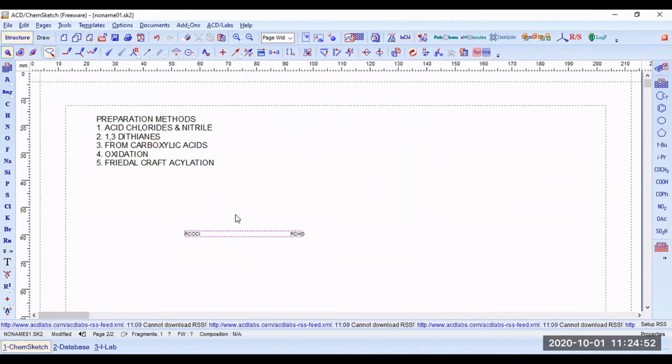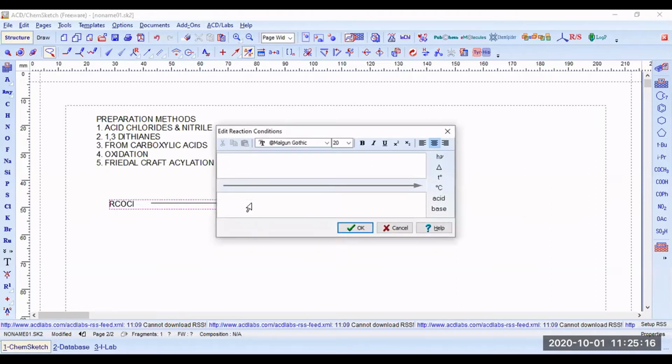We will now see how acid chlorides form aldehydes, and what reagent we have to use. For this reaction, we are using a lithium alkoxyaluminate reagent.